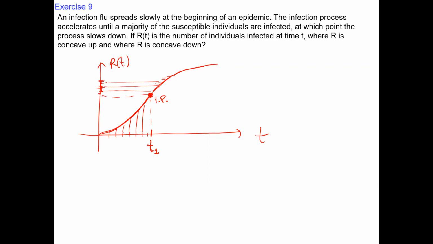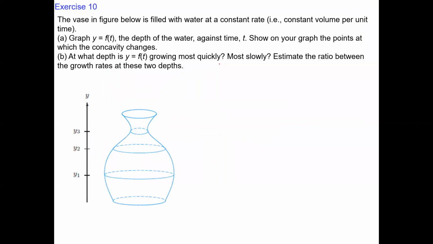This will be the inflection point, wherever the process slows down. At the beginning it's faster, like the increase in the number of infected people, and then it's still increasing but slowing down in size.